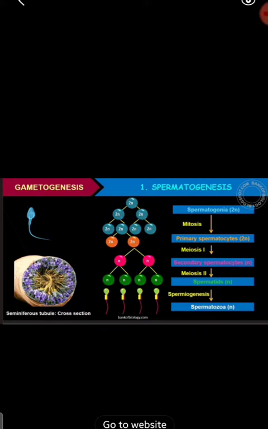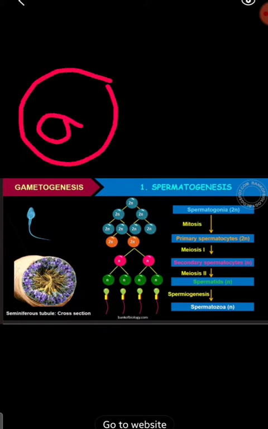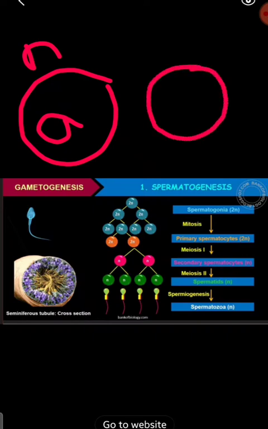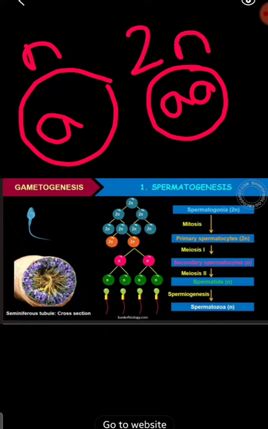Haploid is a single copy of chromosome. If the gamete has only one chromosome and not its pair, another copy is not present, then we call it haploid. Diploid is where they have both copies of the chromosome. We call it 2n.